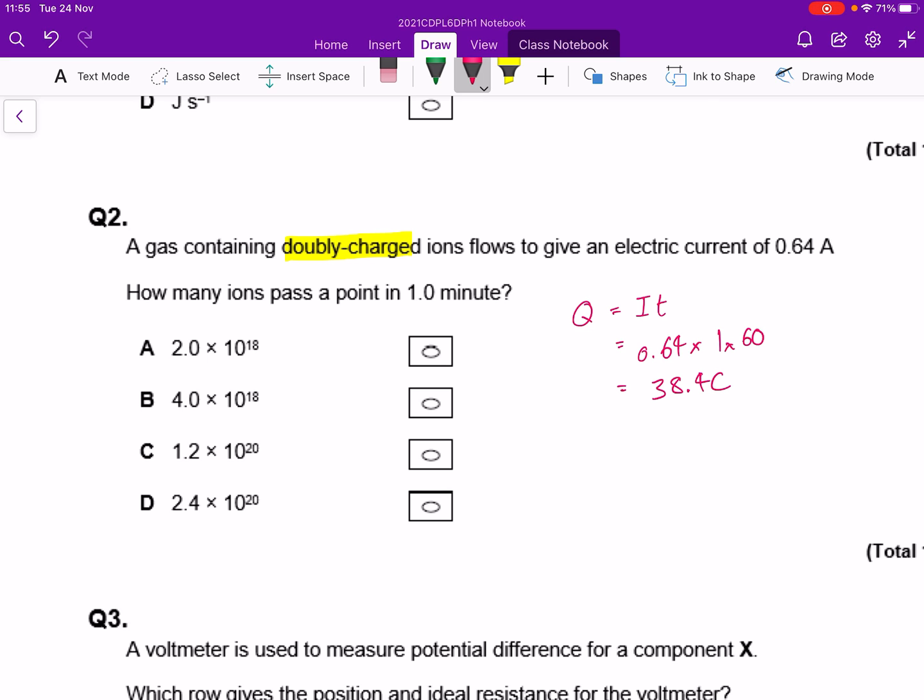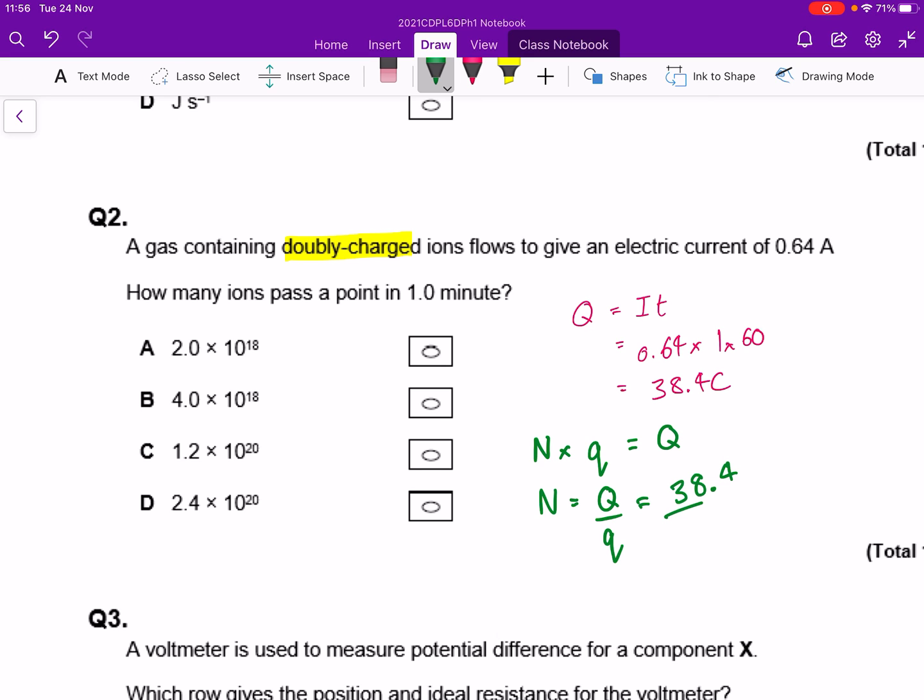Okay, so we could then write another equation that says the number of charged ions multiplied by the charge on one ion equals the total charge. That would make sense, wouldn't it? So let's rearrange for n. This would be big Q over small q. I've just made up those q's. Big Q is 38.4.